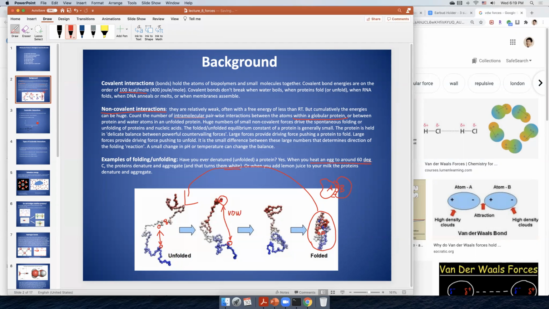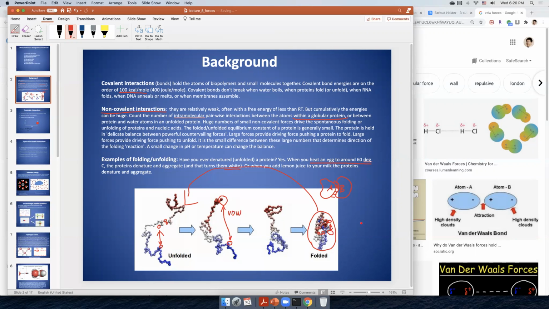So when the protein gets folded, these two atoms might get closer, for example here and here. So the van der Waals force will change. When the distance between two atoms is shorter, the force becomes stronger, and it's still an attractive force.